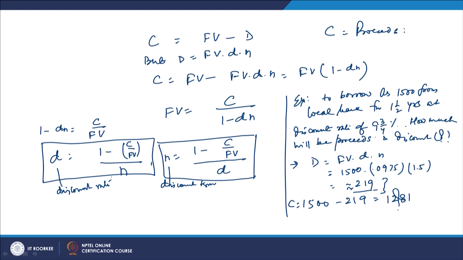So suppose for a loan something is given and the dates are given and how much the borrower gets. So you know the C, the proceeds, also. In that case you can find the rate, or if the rate is given, then you can find the days.